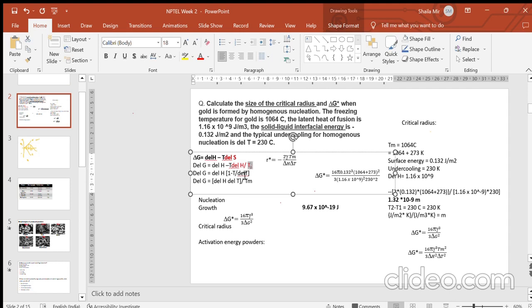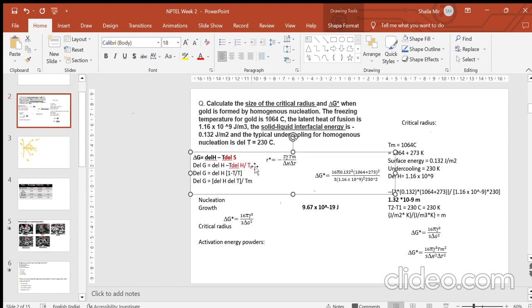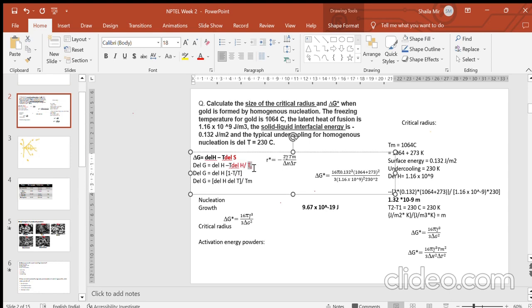So this will be 1 minus T divided by T naught. Then we have delta H.